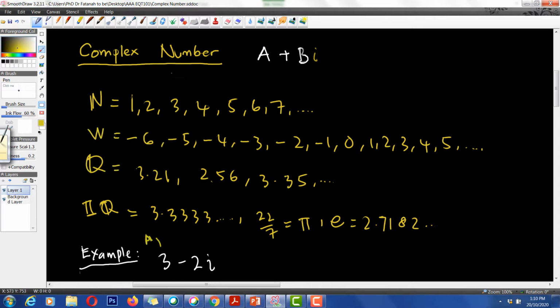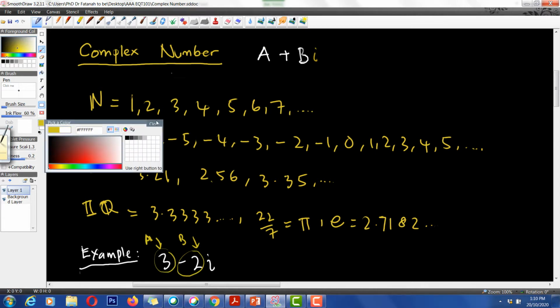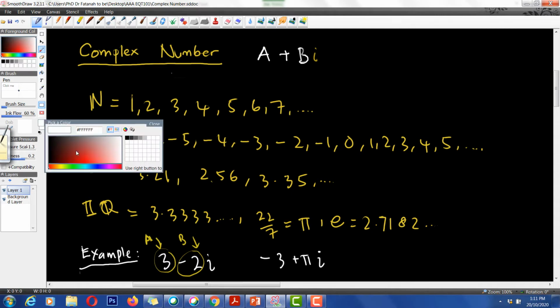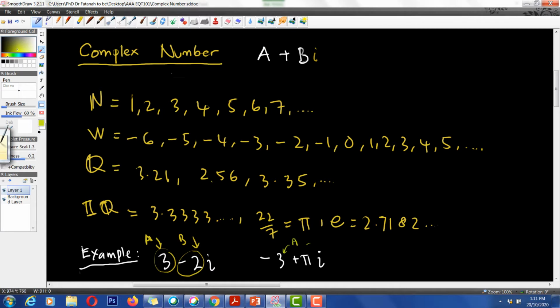What is B? B is negative 2. Another example, if I put negative 3 plus pi i, what is A and what is B? Negative 3 is our A, and pi is our B.